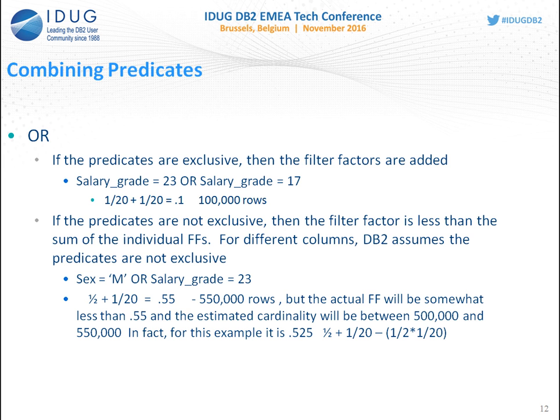So in that case, DB2 adds the filter factors. If each one had a filter factor of 1 out of 20, then the combined one will be 1 out of 10. If the predicates are an inclusive OR, then the filter factor will be less than the sum. And basically, it's the sum of the two minus the ones that are both.